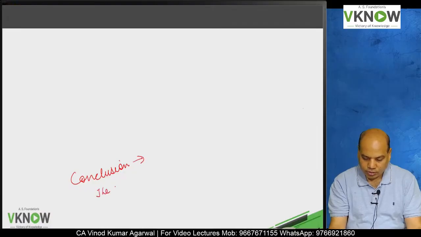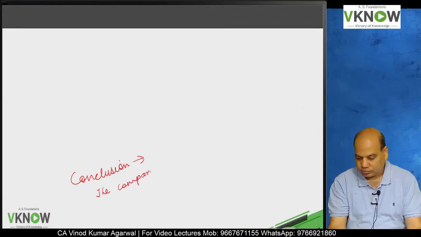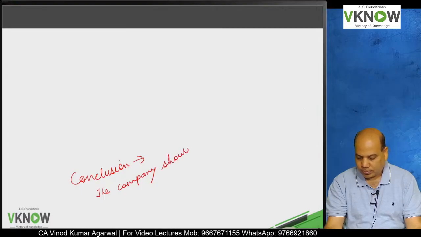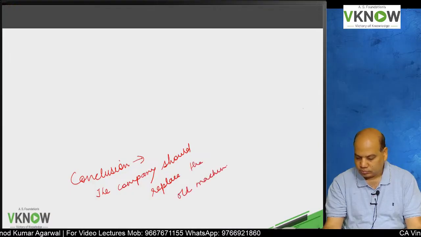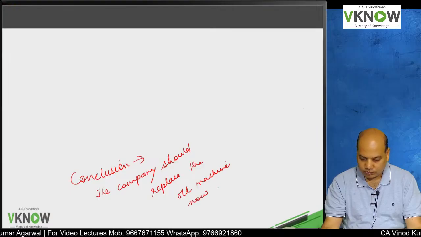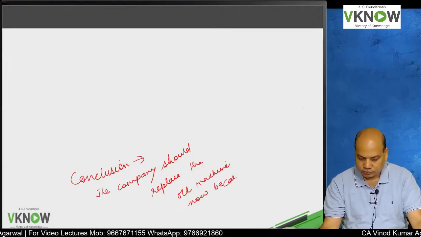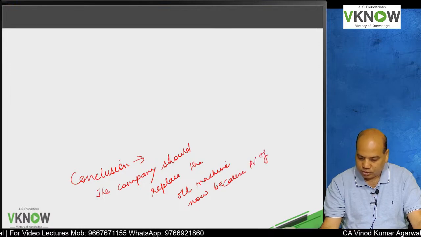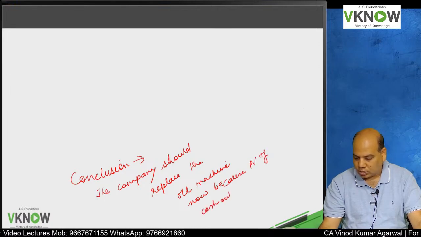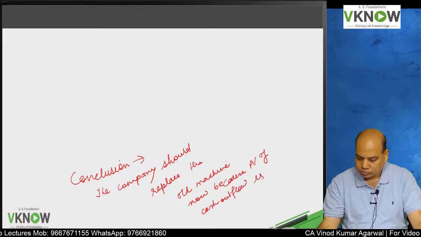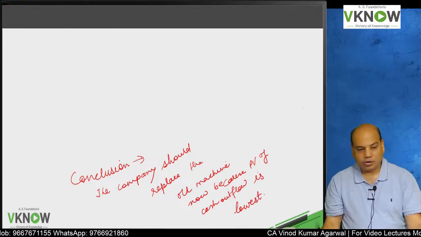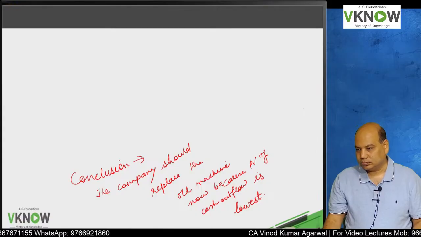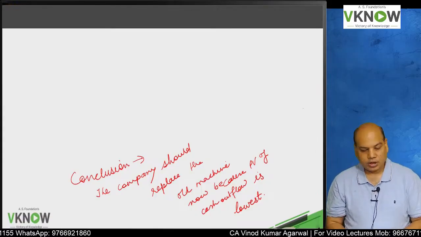Conclusion: the company should replace the old machine now because PV of cash outflow is lowest.